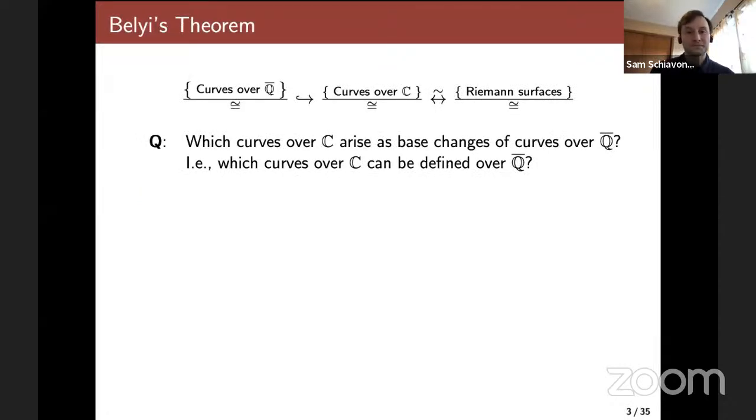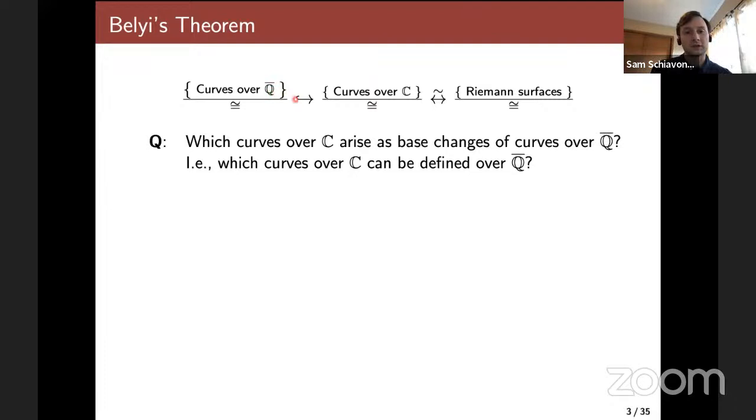You have this natural inclusion of curves over Q bar into curves over C. And if you're a more differential geometric minded person, this latter category, smooth projective curves over C, is equivalent to the category of compact connected Riemann surfaces. So you can either think about things more analytically in the Riemann surface category or more algebraically in this curve category.